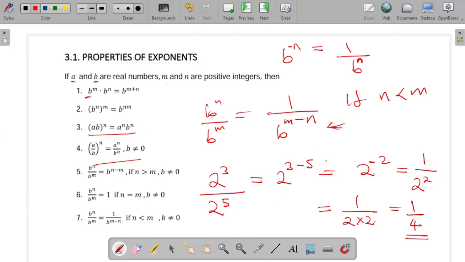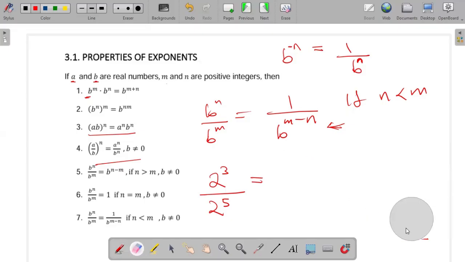So let's use that property. Let me erase this. We just follow what the property is saying. If I have n less than m, so the exponent in the numerator is less than that in the denominator, I say 1 over, I keep my base, then I take the exponent which is greater, which is 5, and subtract the one which is less, which is 3.